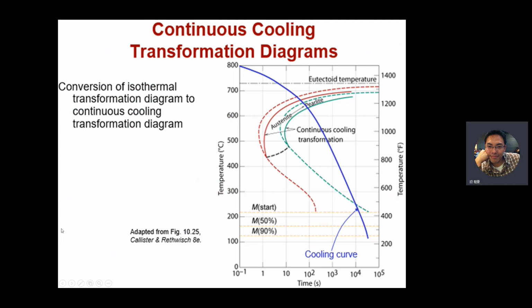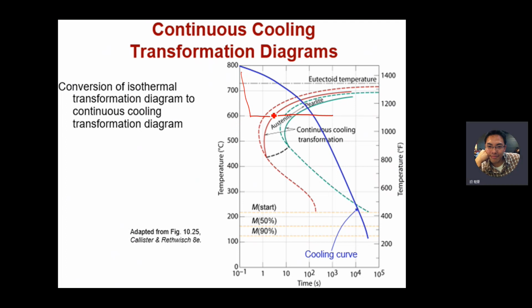Let's look at this figure. We already know this, right? This is a TTT diagram. For isothermal treatment, that means we drop the temperature to a certain temperature. For example, I drop to 600 Celsius, and the temperature remains there for a longer time.